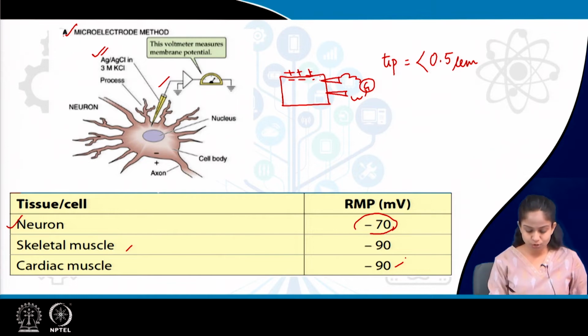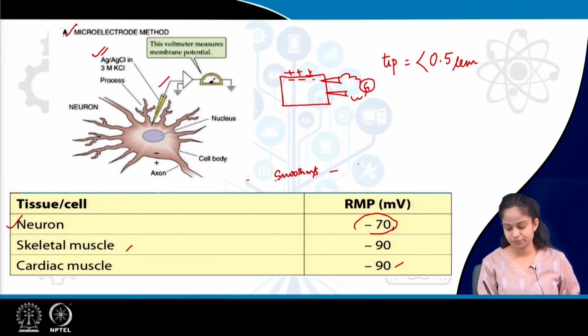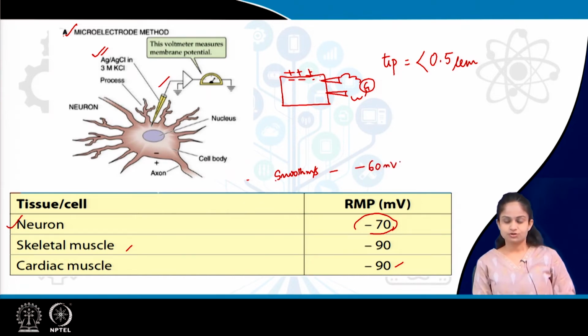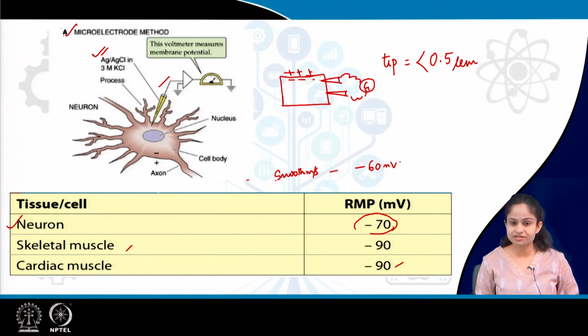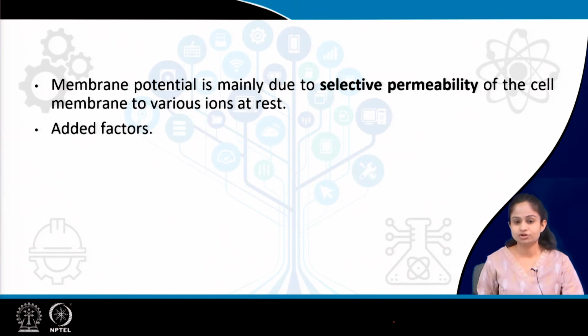We have smooth muscles also. Smooth muscles give rise to a resting membrane potential of around -60 millivolt. So, these are the various tissues and cells in our body which have different types of membrane potentials because of different ion permeability. So, next we come to the genesis of resting membrane potential.